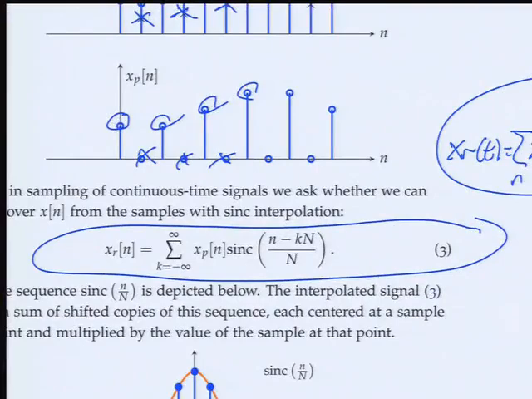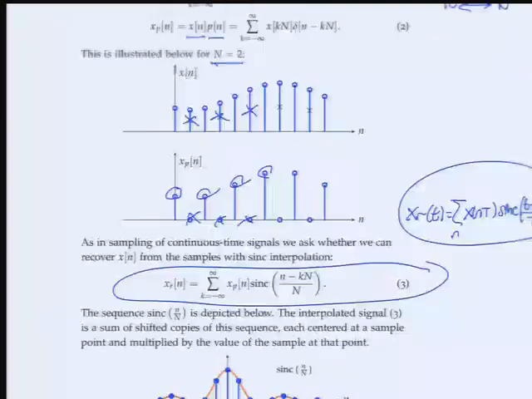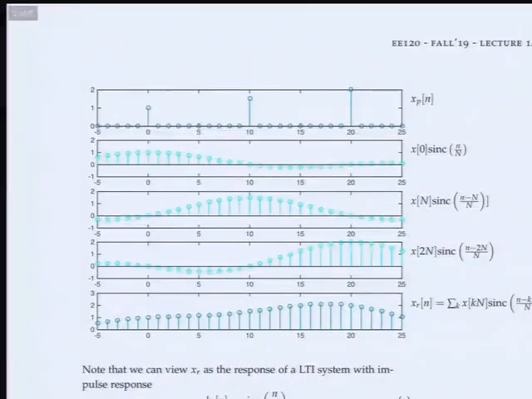So the idea is, I had a signal, x of n. I kept only every 10th value, so now it looks like this. Does that interpolation at the bottom recover the signal that x was in the first place? The answer will depend on what was dropped.